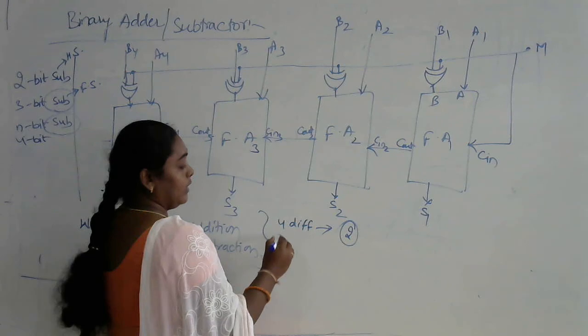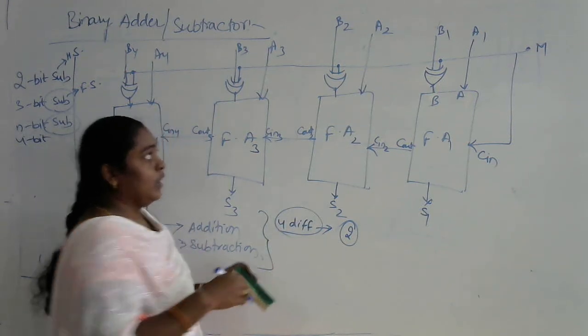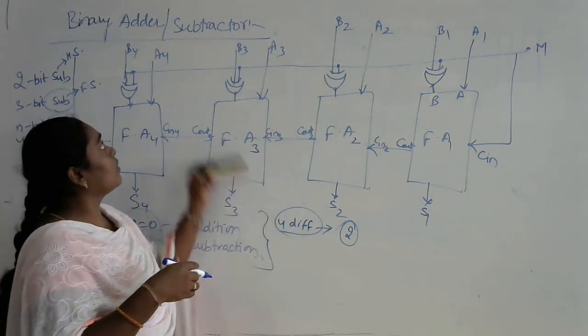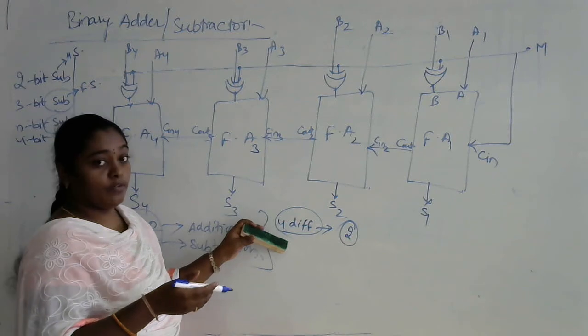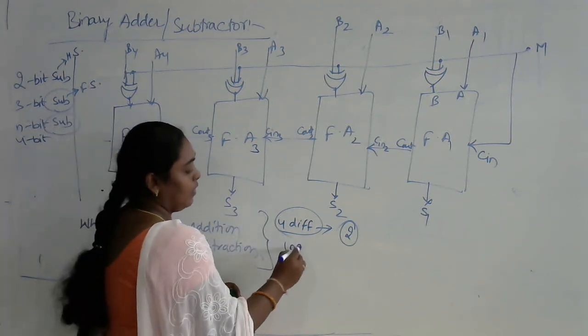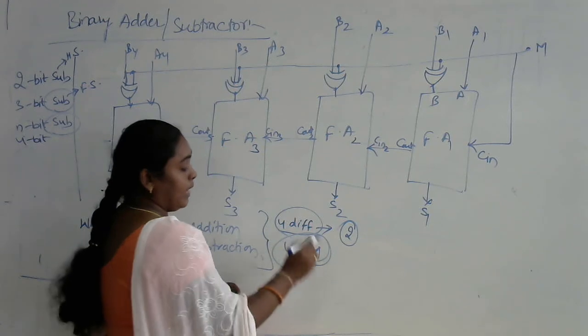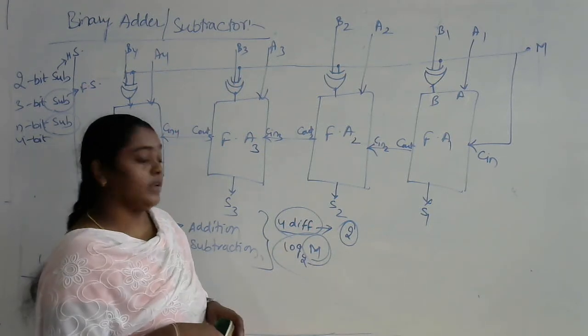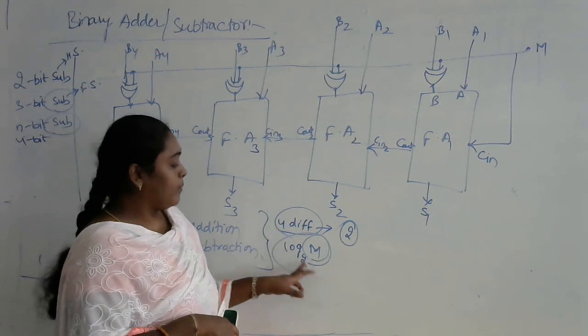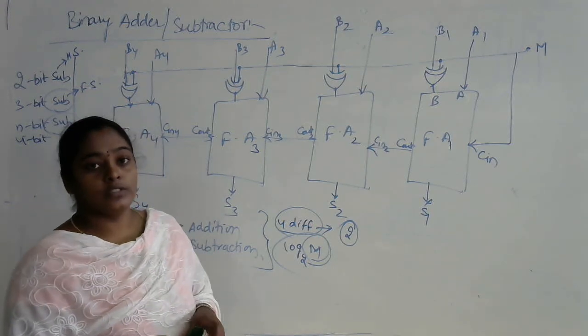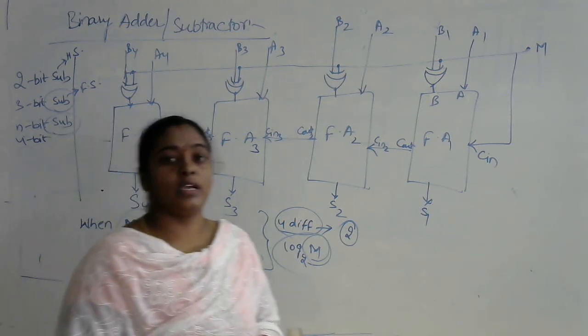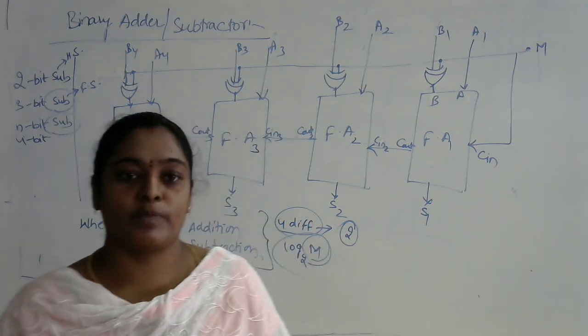That is, depending upon the number of operations which we need to perform, it should be log base 2 of n. So if you want to perform M different operations, we need to have log base 2 of M control signals. This is how to design any adder as well as subtractor circuits.